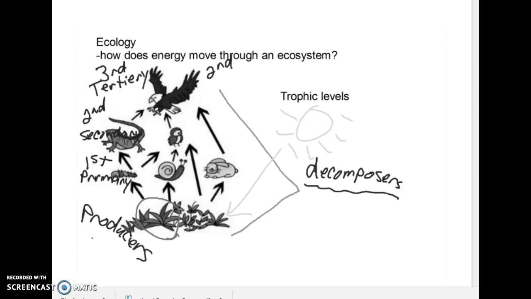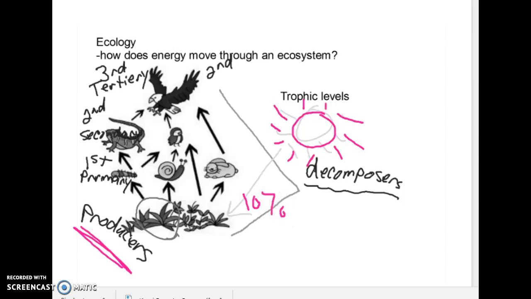The ultimate energy comes from the sun, and then energy kind of moves through an ecosystem by those producers, which are the plants, usually plants, capture energy from the sun, convert that to glucose, and they store some of that. And when animals eat plants, they get some of that energy. And we said there's about 10% from each level that gets transferred up to the next level.